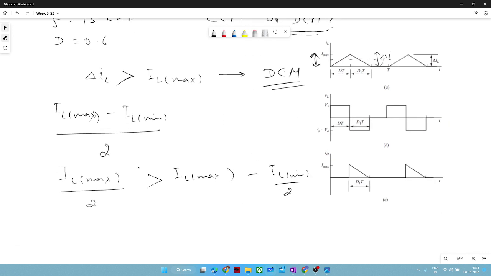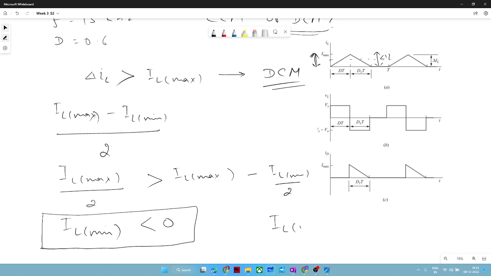So what I mean to say here, if IL min is less than 0, if you compute the value of IL min, that would be nothing but IL average minus del IL by 2, right?